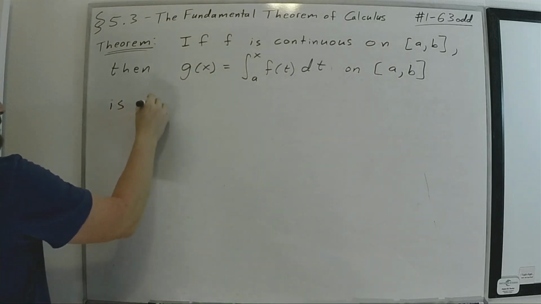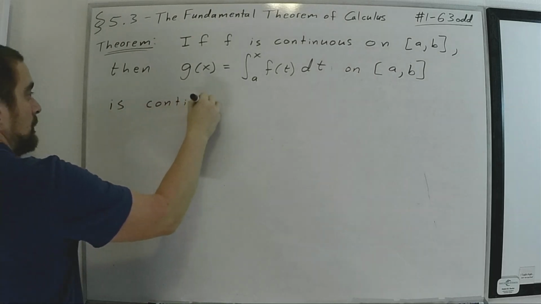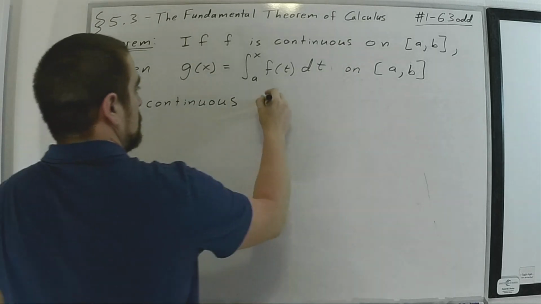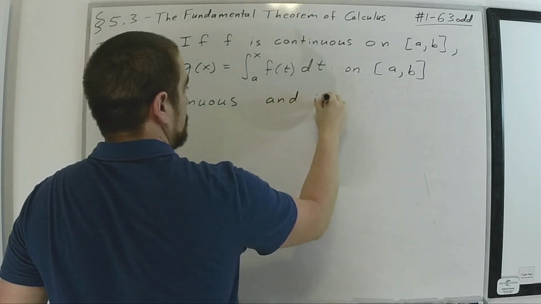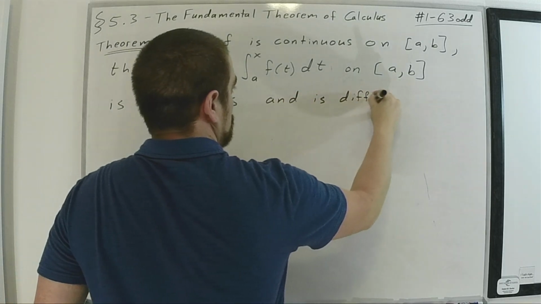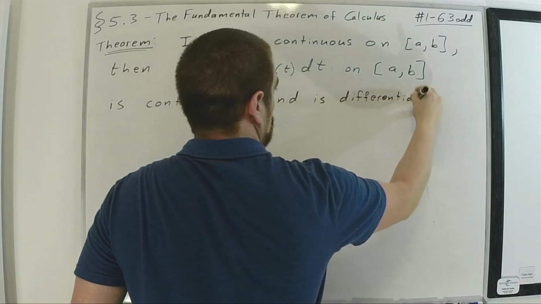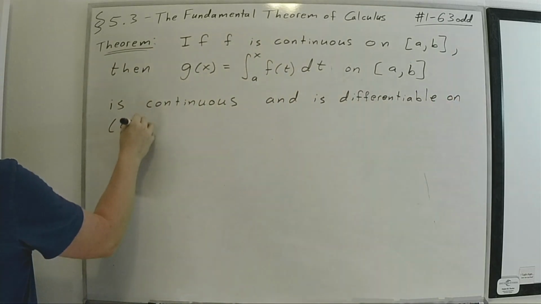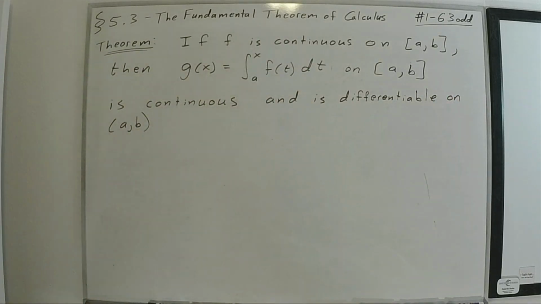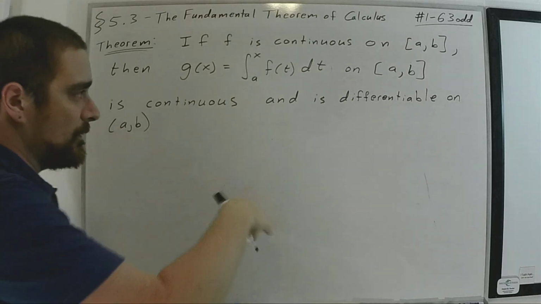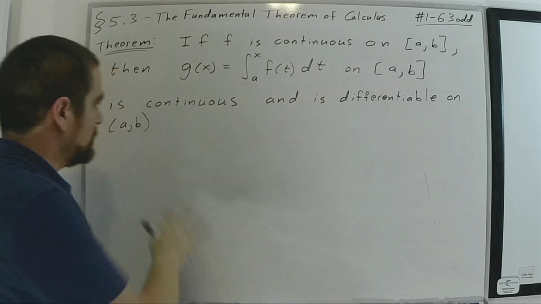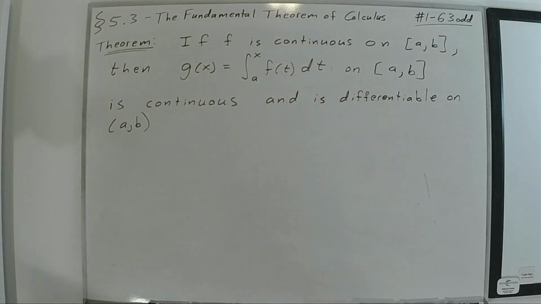This function g of x is continuous and is differentiable on the open interval a to b. Again, it's hard to talk about the endpoints when we talk about differentiability. So when we want to differentiate a function at the endpoints, it could be a little risky. So we just sort of leave those out for the derivative.